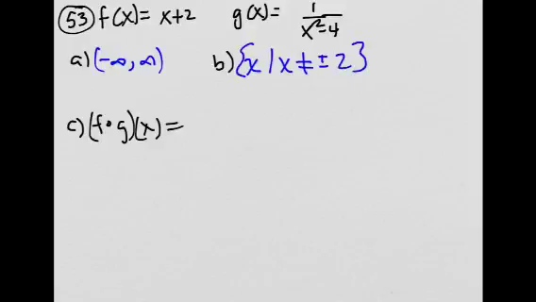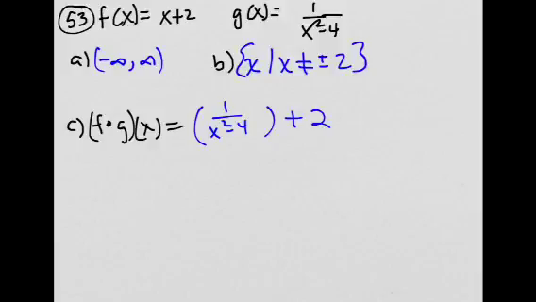For f of g of x, I'm going to replace this x right here with this whole function right here. So it's going to be blank plus 2. So in the blank, I'm going to put in 1 over x squared minus 4.